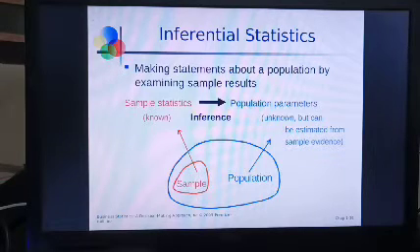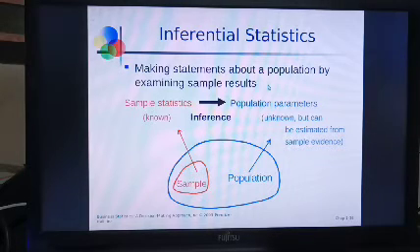Although in reality, there are also Americans who are small or short. So that's an example of making statements about a population by examining a sample. That's not very scientific, but that's an example that I can think of.